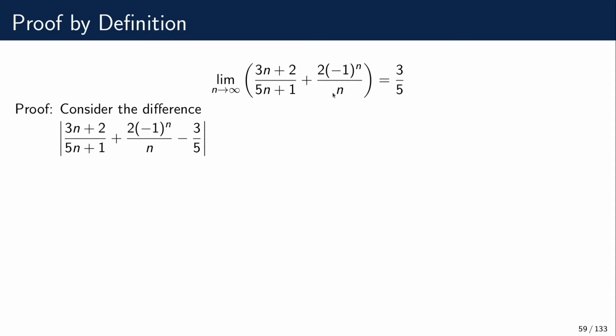Then the 2 and the minus 1 over n make it oscillate a bit, but it is still a very, very small number. And if n is a billion, then this 2 is kind of negligible. We can ignore this 2. It really doesn't contribute much.